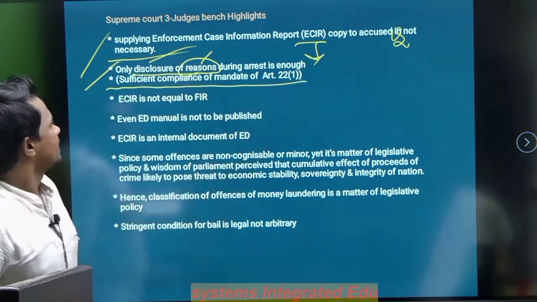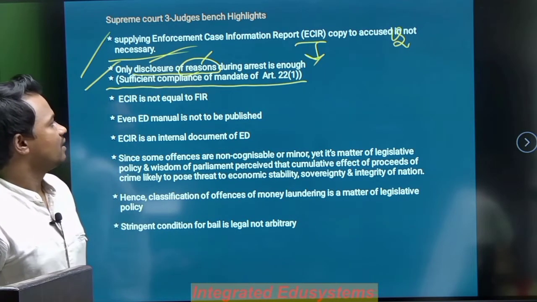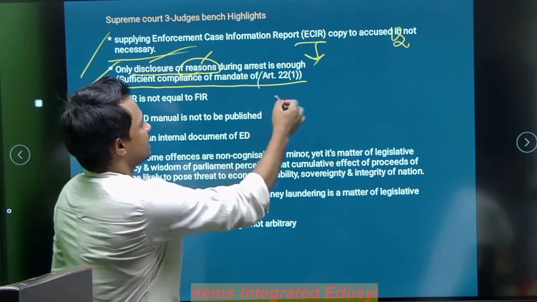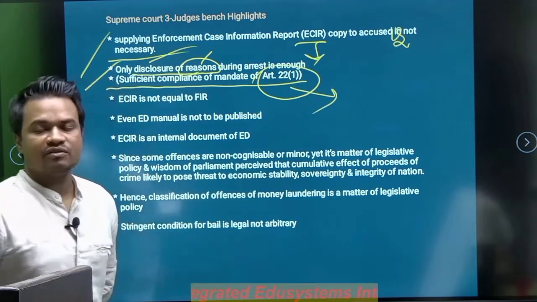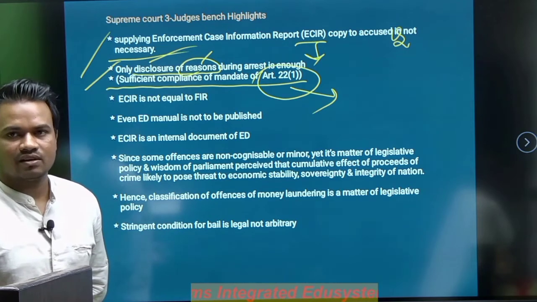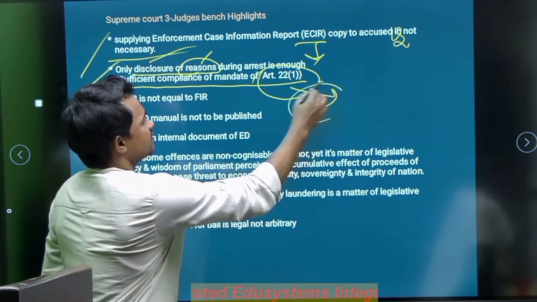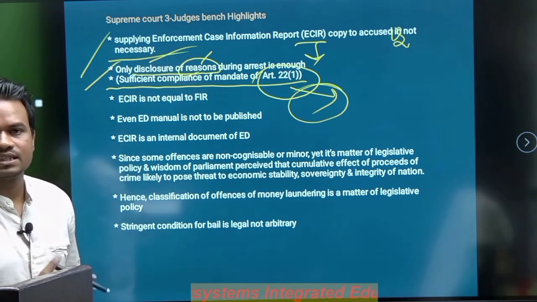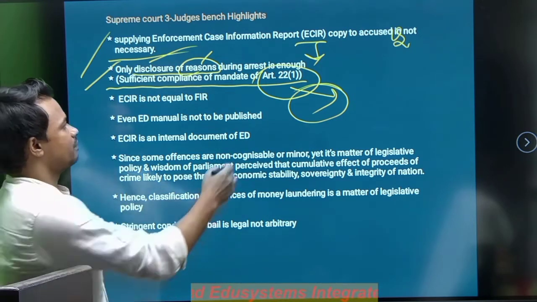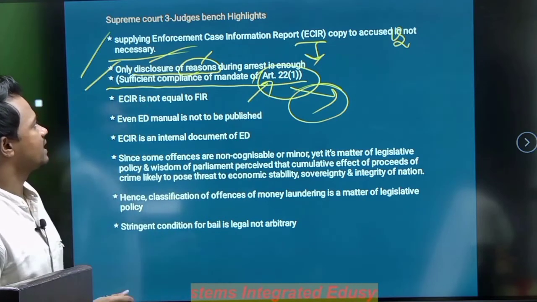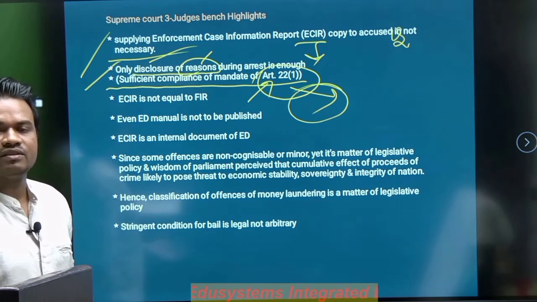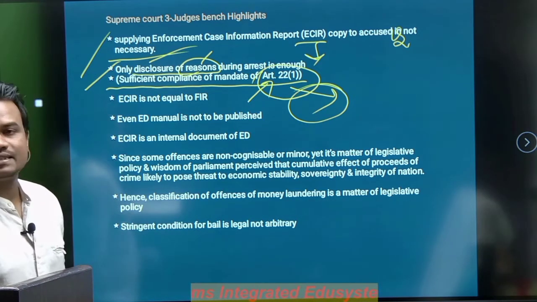The Supreme Court said that is sufficient compliance with the mandate of Article 22, the fundamental right under which a person should be informed about the reason why he or she is being arrested by the ED's officials. It is not necessary to present the copy of the ECIR report.